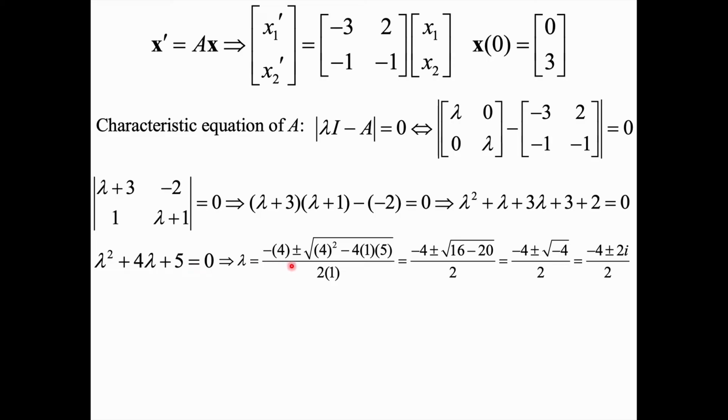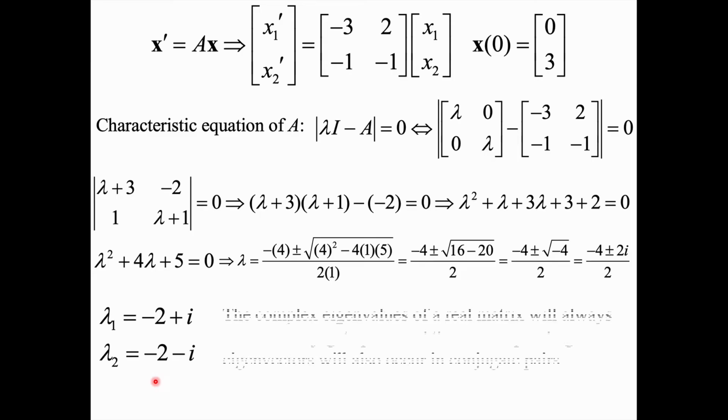We have complex roots. Going through the quadratic formula, we get two complex conjugate roots, namely lambda 1 equals -2 plus i and lambda 2 equals -2 minus i. Two distinct complex conjugate roots of this characteristic equation.